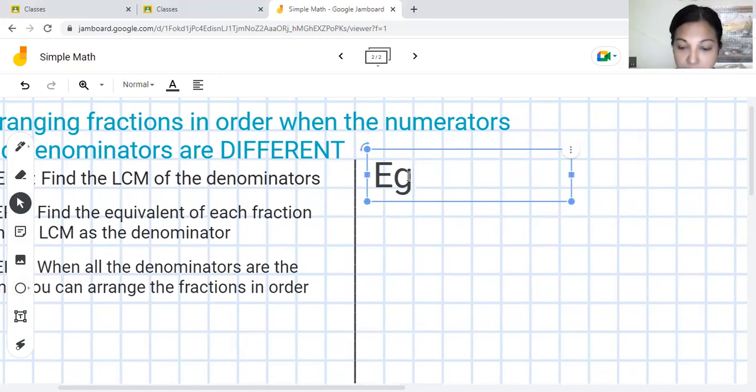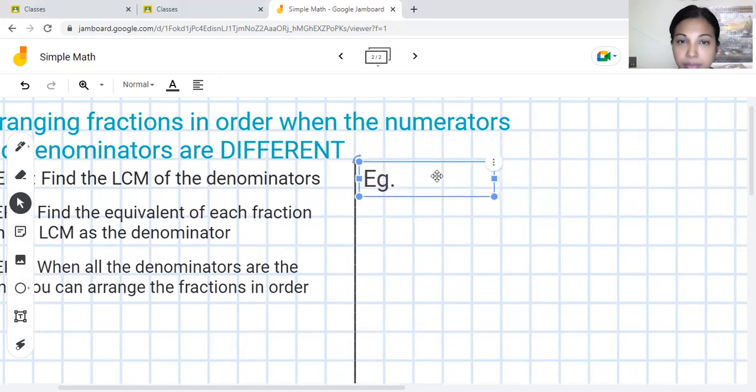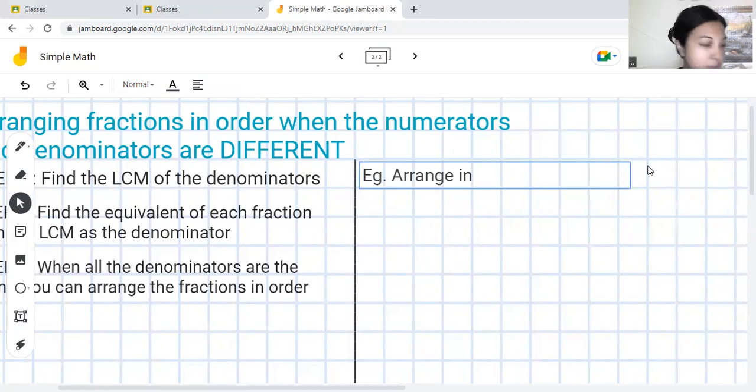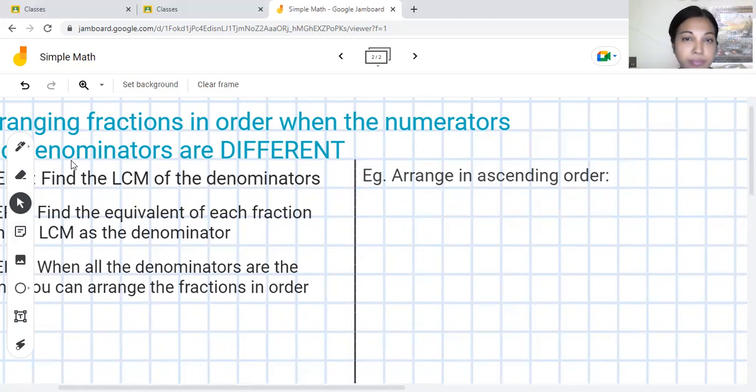So as a question, you might have: arrange in ascending order. And the fractions that we are going to arrange in ascending order, I'm going to put them right here.